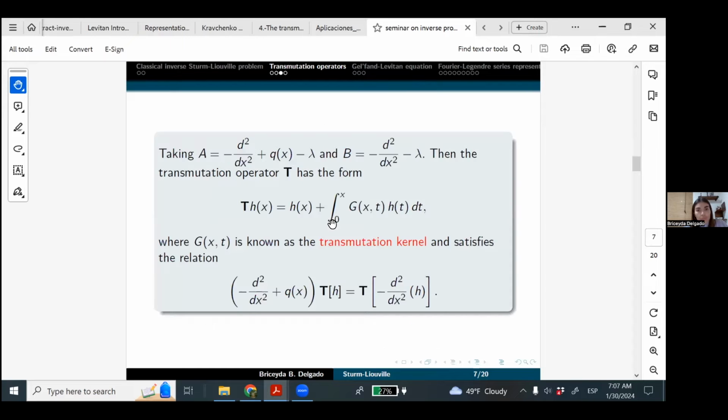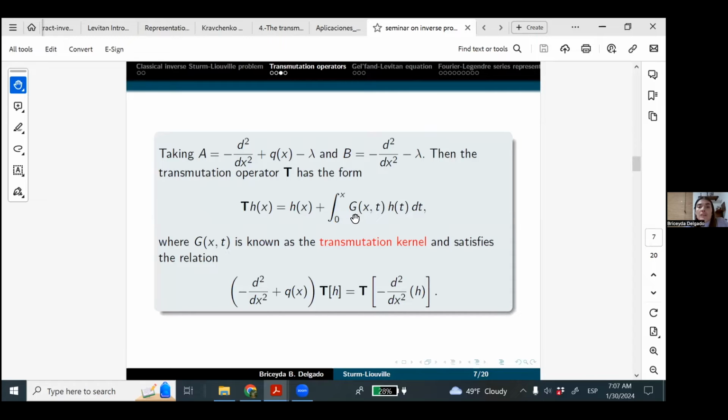We will use this expression for the transmutation operator. In other words, we have the same example: A is equal to the Schrodinger operator, B this second order operator. Then here is the expression for the transmutation operator T. And this is the expression that we will use.